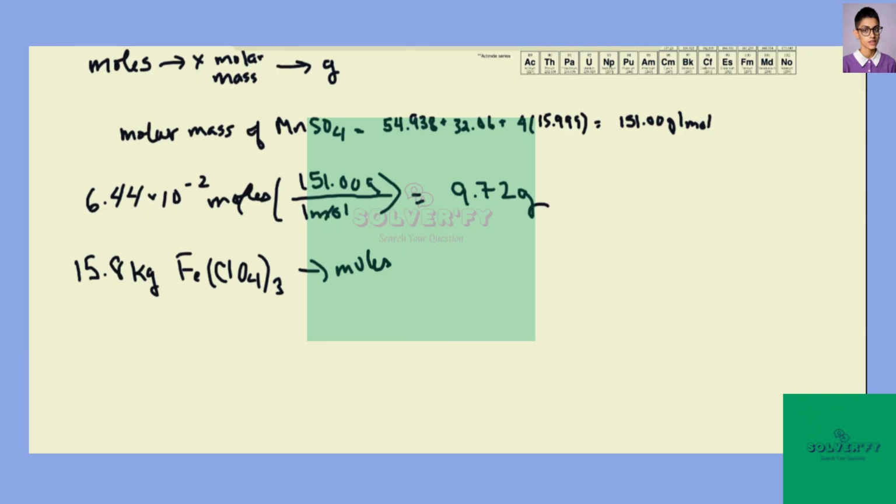So if we have mass in kilograms, we need to change it to mass in grams. And then we need to change to moles. And we do that by knowing that 1 kilogram is equal to 1,000 grams. And we use our molar mass.